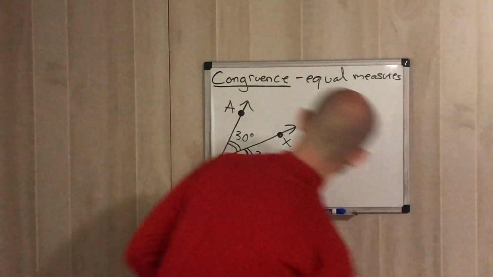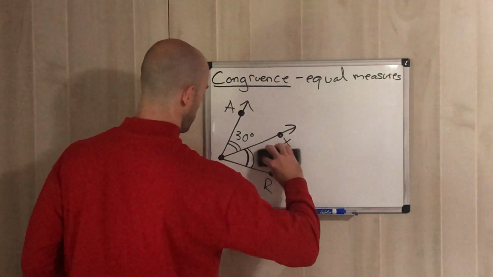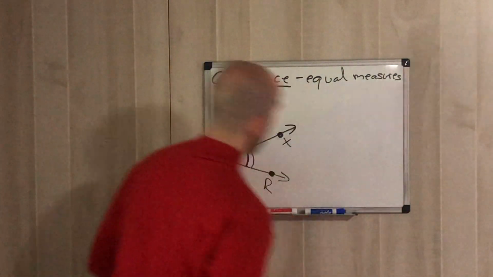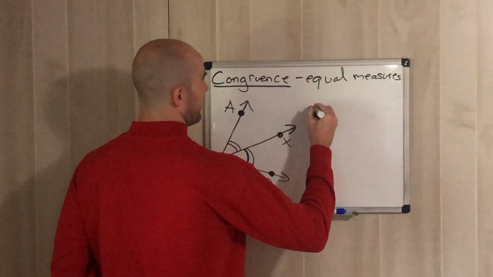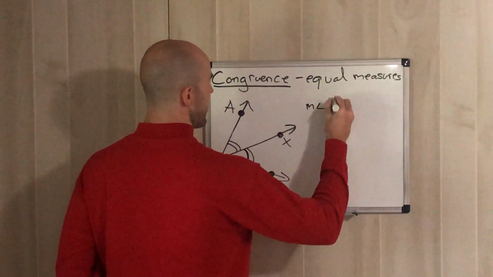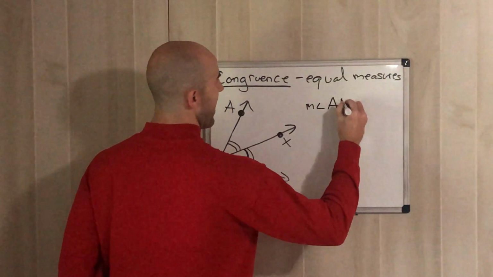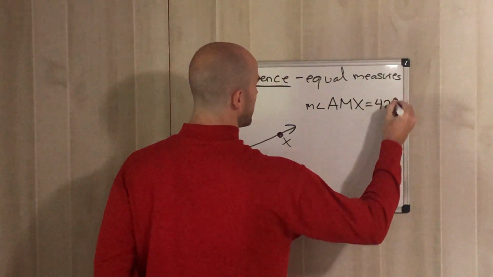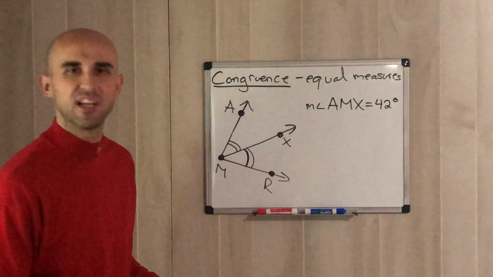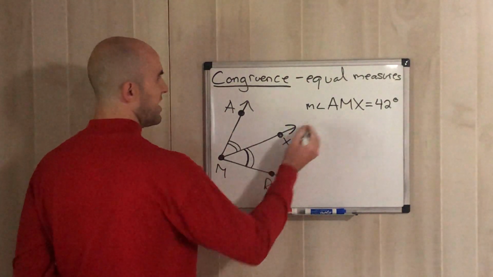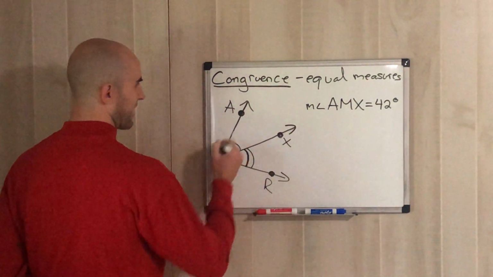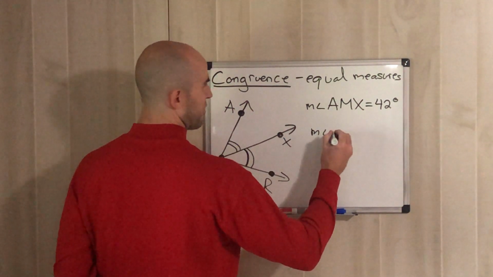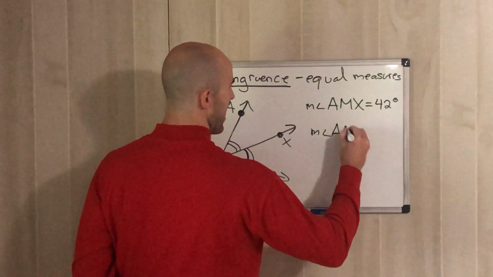Right? So, going with that idea, let's say I were to tell you right now that the measure of angle AMX is equal to 42 degrees. Again, 42 degrees is an acute angle because it's less than 90. So if I give you AMX is 42 degrees, I want you to find the measure of angle AMR.